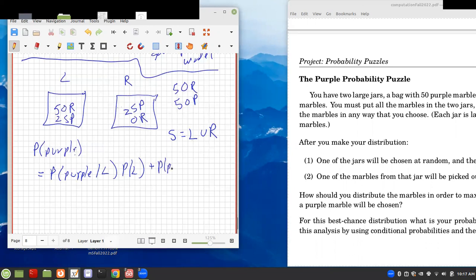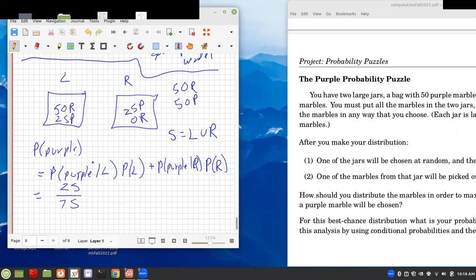Plus the probability of purple given that you chose one from the right side, times the probability of choosing one from the right. The probability you choose a purple given that you've chosen a left one is going to be 25 over 75.